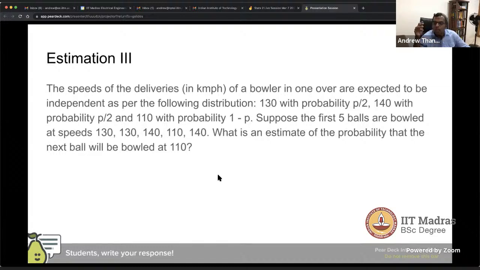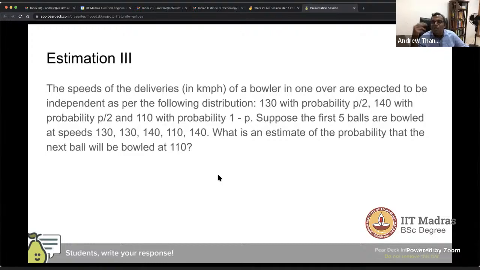So the idea is, what's the idea? You have 5 samples observed from the distribution. So you're trying to estimate P. What would be the best P for you to fit? Once you find the P, the answer is simply 1 minus P, right? So that's the estimate of the probability, according to your model. Of course, the model is just a model. In practice, there's no model that fits anything, or every model fits everything, right?